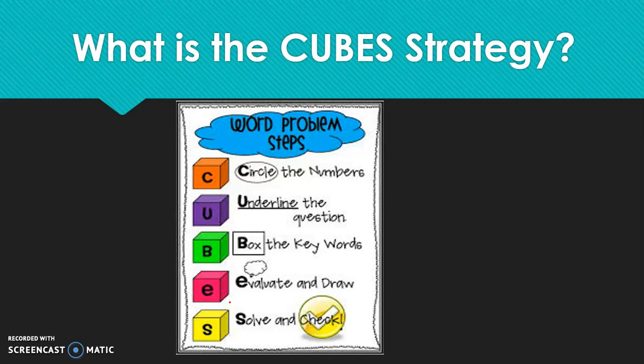The words help kids figure out whether they need to add or subtract in the word problem. E means to evaluate and draw. Evaluate means to just think about the problem, reread it. And drawing, it may be number buns, tape diagrams. It could be pictures of little stick men or circles. S means to solve and check.